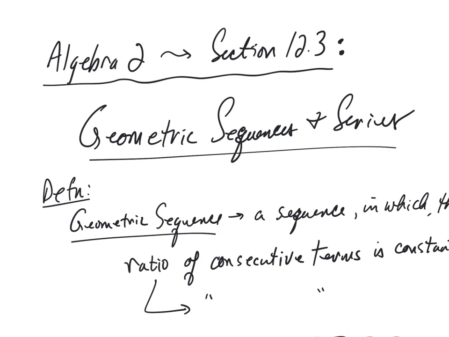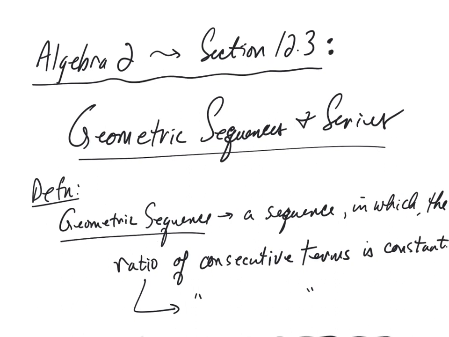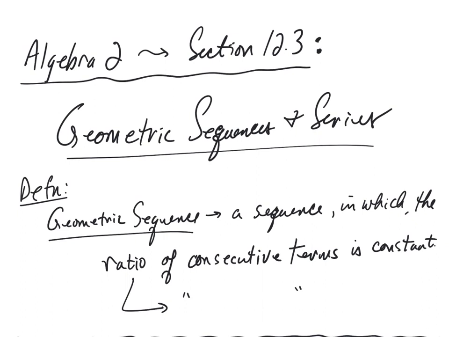So we'll start with the definition. A geometric sequence is a sequence in which the ratio of consecutive terms is constant. Now, when we say the word ratio, of course, since elementary school, we've been talking about ratios. But the way we're going to consider our ratios, we're not going to use the word "to" like we would have in elementary school.